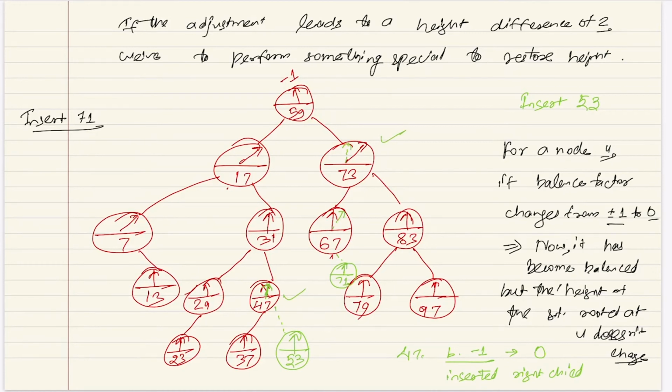Okay. So now let's do something interesting where we will see a typical critical case. Let's try to insert 11. I insert 11: at 59, I go left, 17, I go left again, 7, I go right, 13, I have to go left now. 11 is not there, I insert.